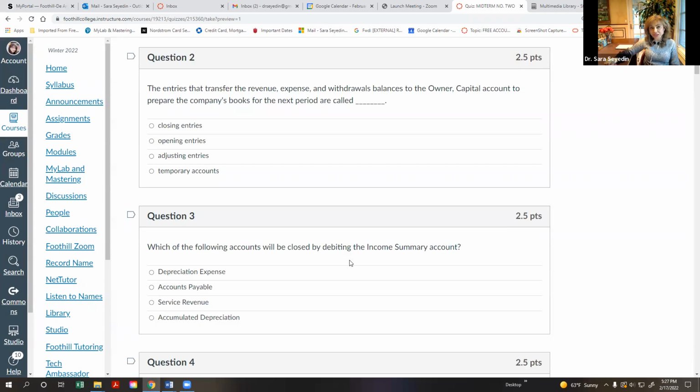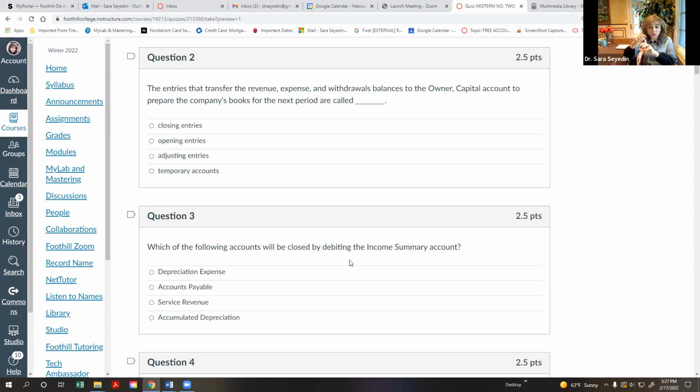The entries that transfer the revenue, expenses, and withdrawal balances to the owner's capital account to prepare the company's books for the next period are called... Remember, part of the closing entries in chapter 4, we said we have to take 4 steps.